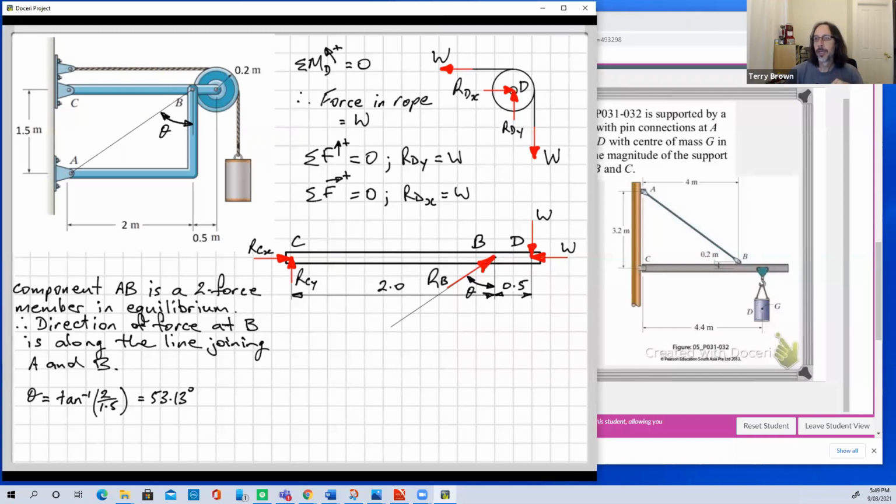If we took moments about point B, that would help us to work out the sense of RCY. I think someone put in B as where you took moments about. If we take moments about point B, then yes, we can look at this. So is RCY in the correct sense? Yes or no? Okay, so we've got 1 no, we've got 2 no's. Awesome. I can see learning happening.